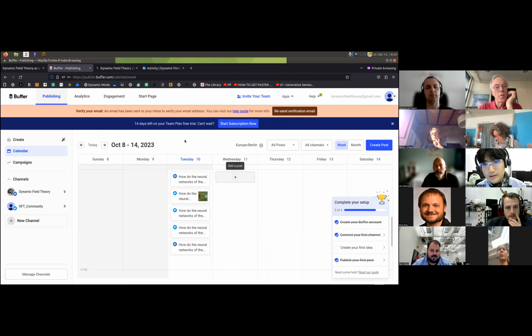Yeah, so then the idea would be to make simplified posts for the different social media platforms that we have. And for that, the idea was that we would have some kind of social media aggregator so that we don't have to do this for all the different platforms.